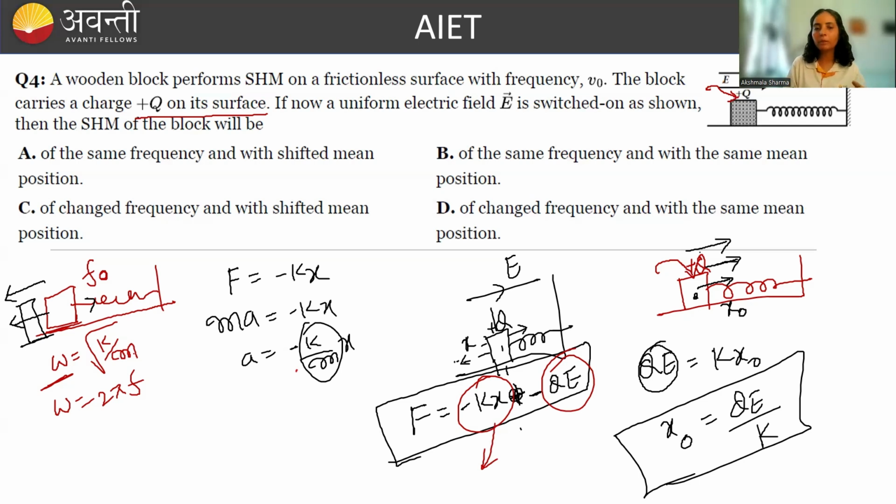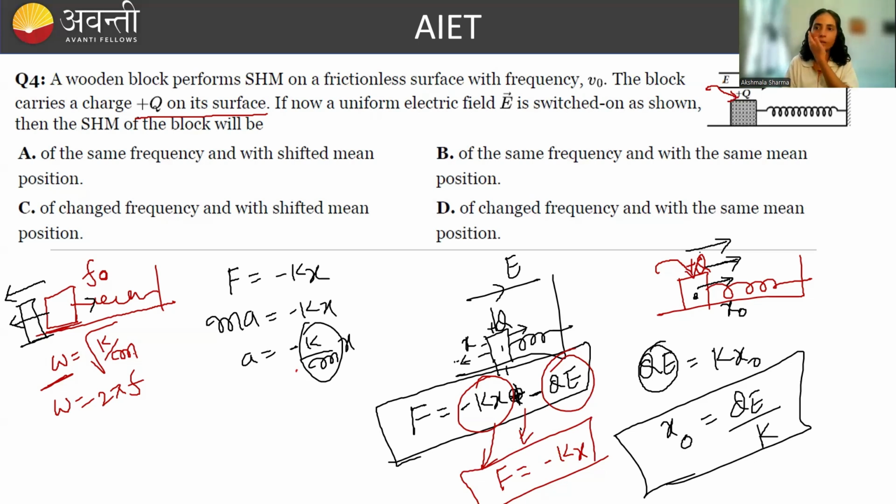When you are writing net force and you get some constant term in the force, that constant term will not affect the angular frequency. So to calculate the angular frequency, you will only consider this term, because the constant force will affect its equilibrium position, its mean position, not its frequency.